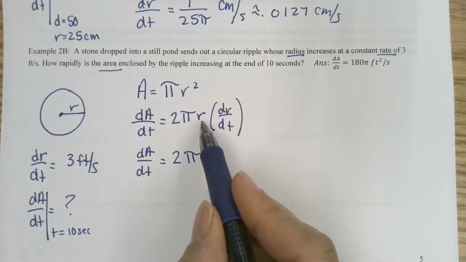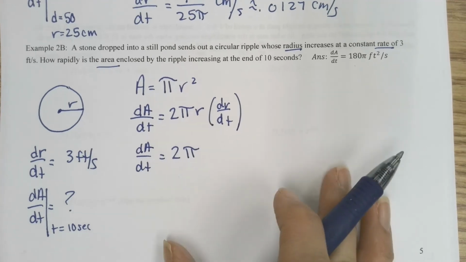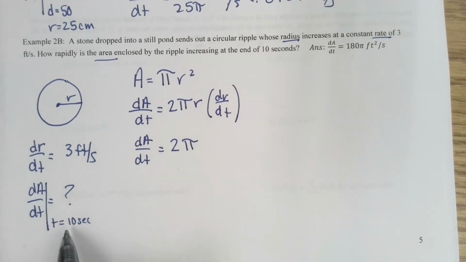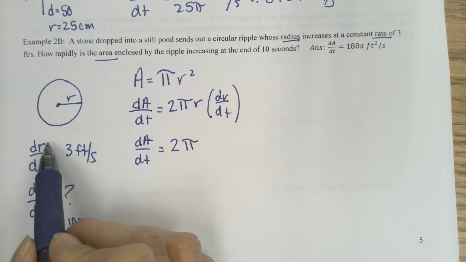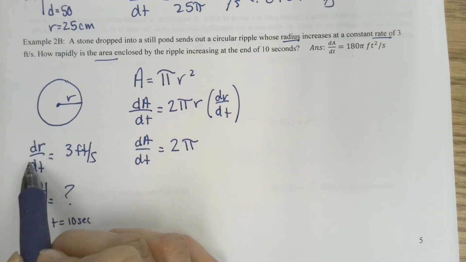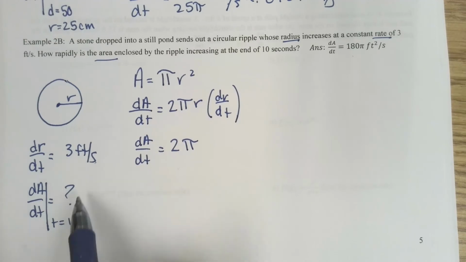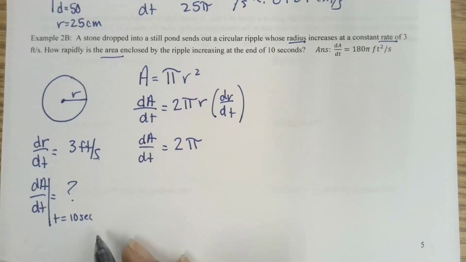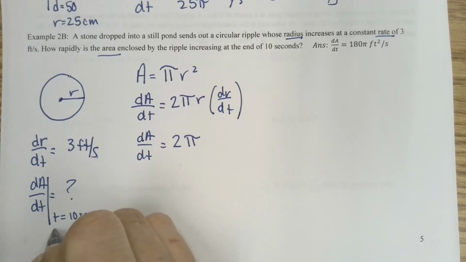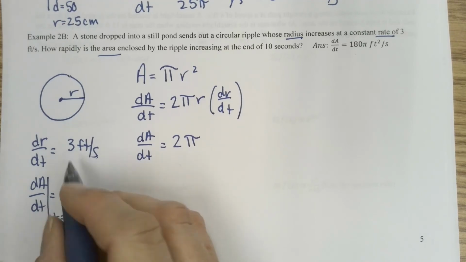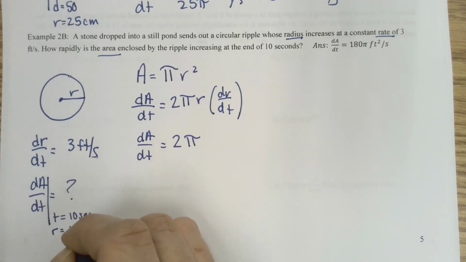I don't know my radius just yet, but remember they gave us this little piece of information that time is 10 seconds. And so in this problem, if they told me that the radius is changing at a rate of 3 feet per second and 10 seconds have gone by, that really means that my radius is going to be 10 seconds times 3 feet per second.